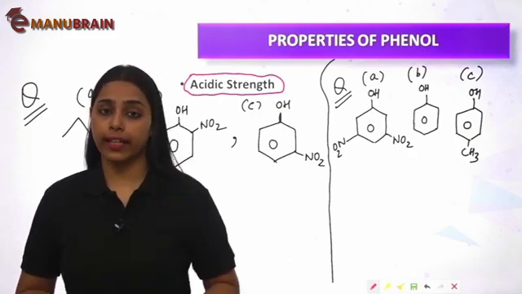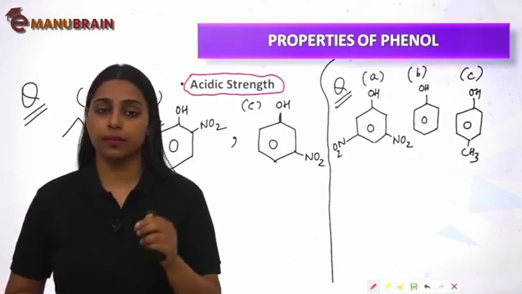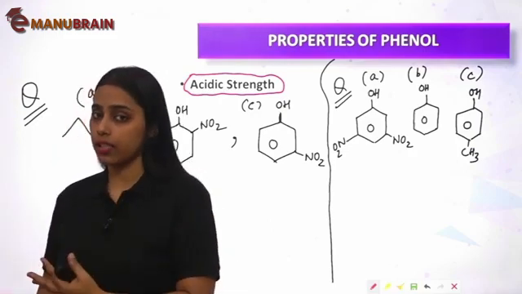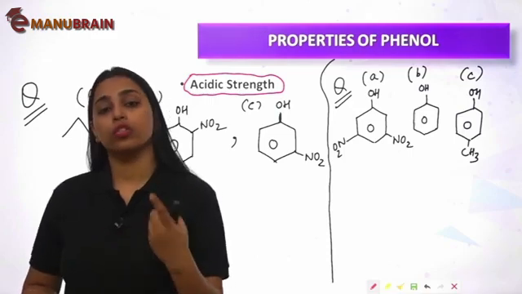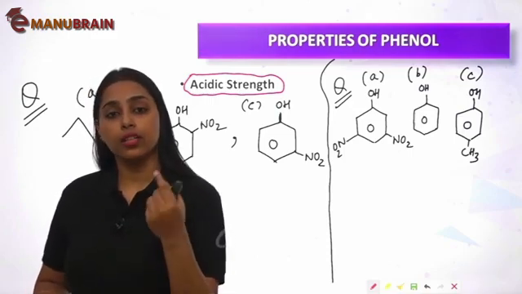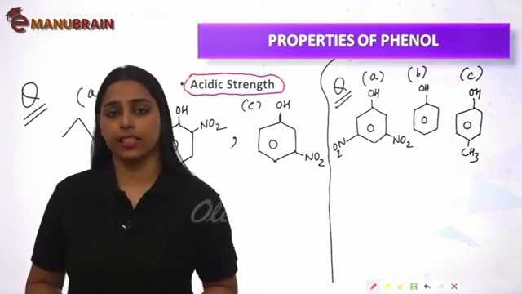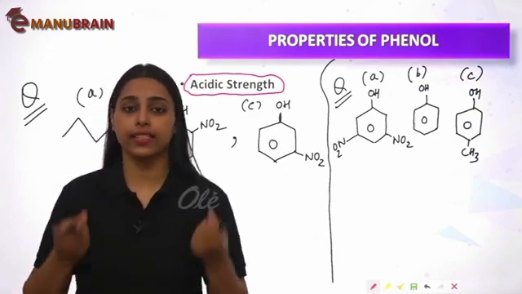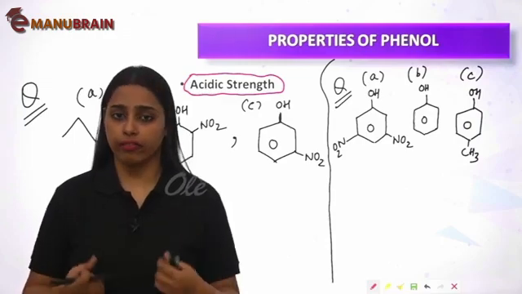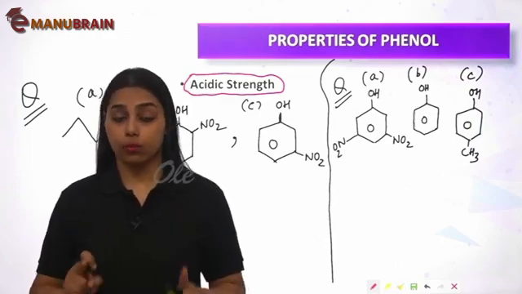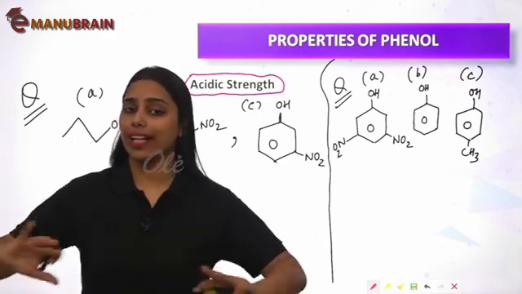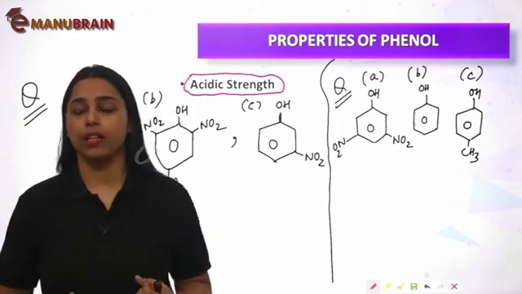So the lone pair electrons present on the oxygen take part in resonance. So it is not available. So that oxygen then turns towards hydrogen and extracts the electrons towards itself. So that's how it facilitates the release of H plus ions. So that is why it is more acidic than alcohol. Alcohol has no such example.